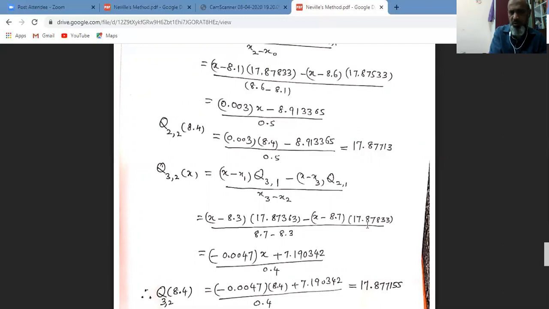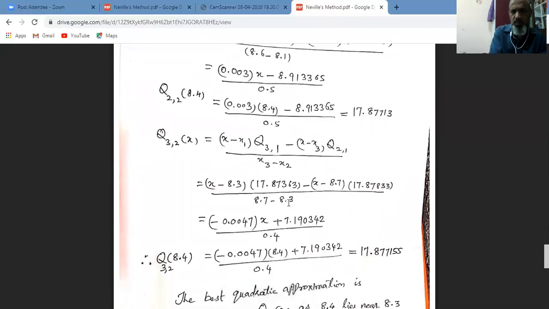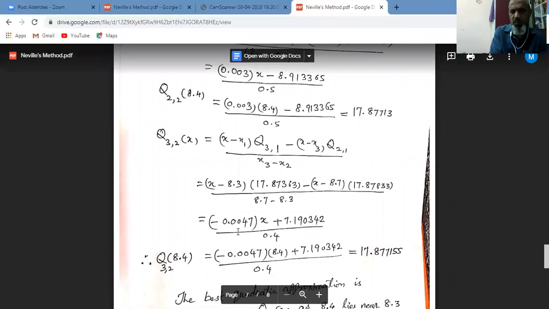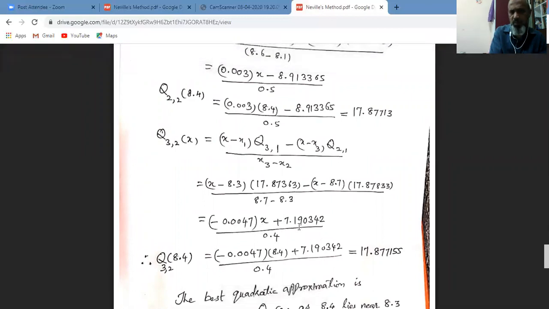We are substituting the values. x3 minus x2 is 8.7 minus 8.3, so this is 0.4 in the denominator, and after calculation we get the polynomial as minus 0.0047x plus 7.190342. So this is the value of q32(x), that is the second degree approximation.